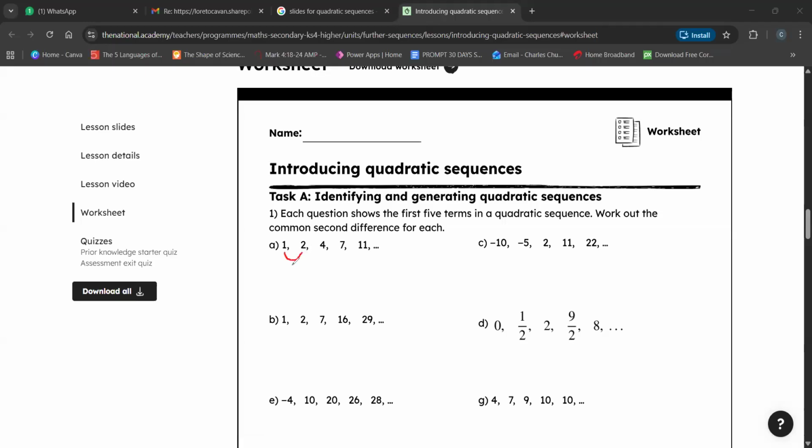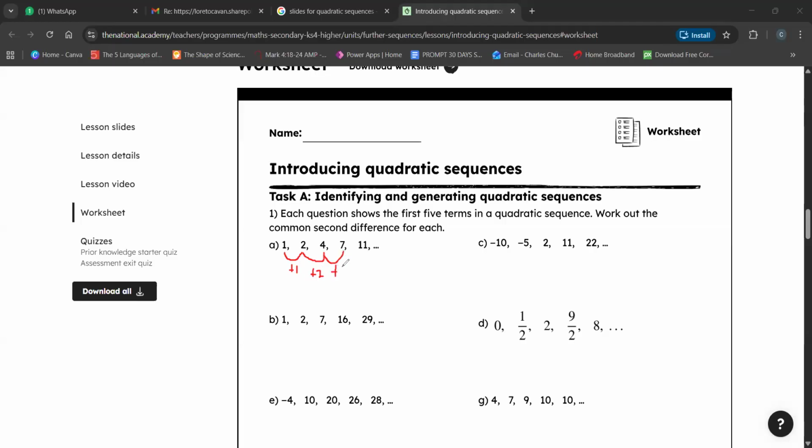The difference between 1 and 2 is +1, and then between 2 and 4 is +2, and then 4 and 7 is +3.